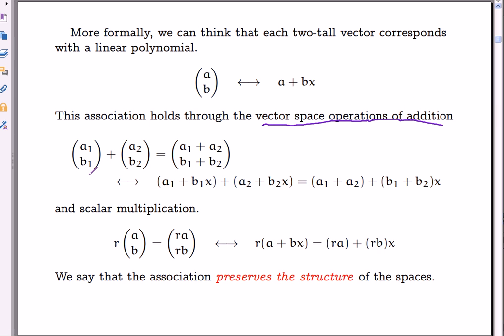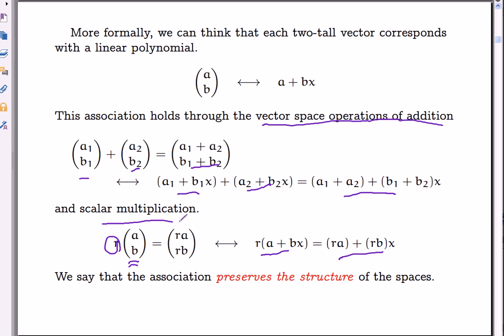So as we've seen, if I add two vectors in R2, I get a vector in R2. If I add the corresponding polynomials, I get the corresponding polynomial. And scalar multiplication, if I multiply a vector in R2 by a scalar multiple, I'll get the result here in R2. I can perform the same operation in P1 on the corresponding vector, a plus bx, and I'll get a result that in fact is the corresponding vector to the result in R2.